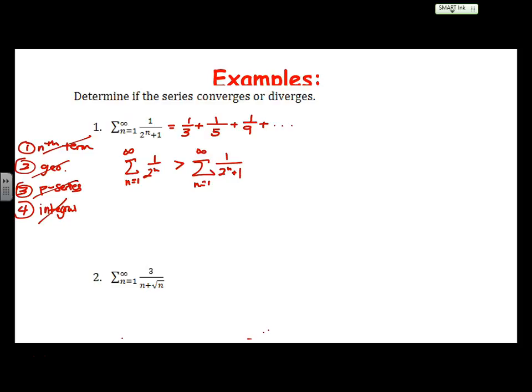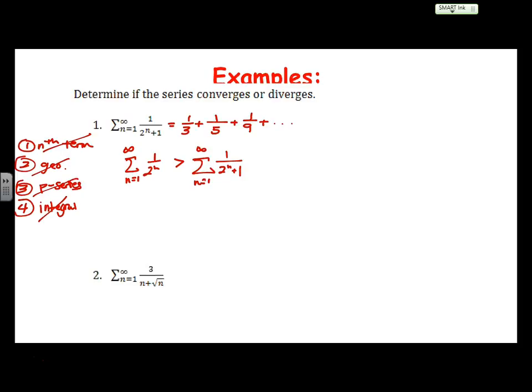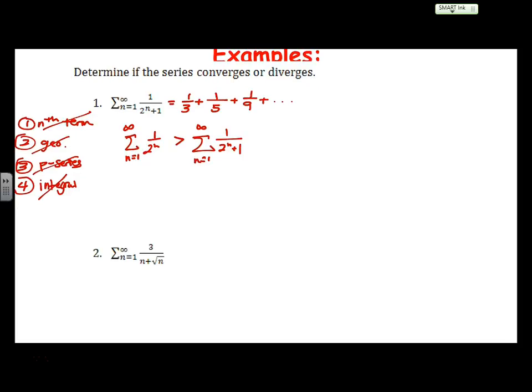So 1 over 2 to the n has the smaller denominator, which means the bigger number. Wait, from the get-go? Double check it. 1 over 2 to the n, that'd be 1/2 plus 1/4 plus 1/8. Is it bigger? From the very beginning? Okay, then we're good. So we can say this guy is our bigger, true?